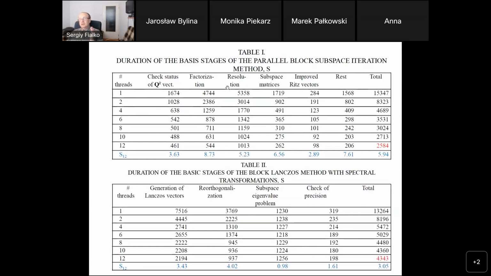This is the duration of forward-back substitutions. This is the duration of subspace matrix projection. This is the duration of evaluation of approved Ritz vectors. The rest of the algorithm is parallelized partially too, and this is the total duration. In the last row, we demonstrate the speedup for each stage of our approach, as well as the speedup for the entire approach on 12 threads.